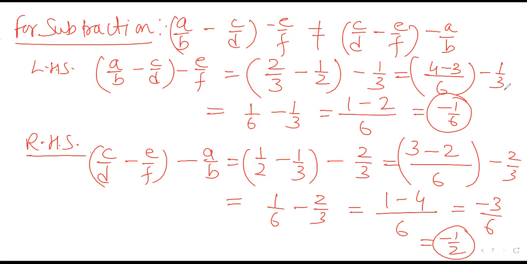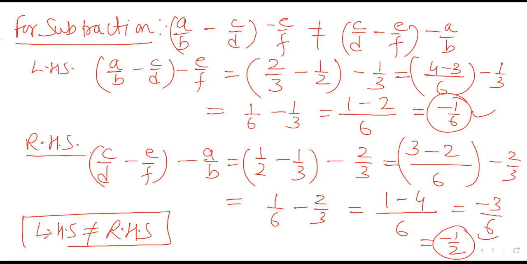Is it equal to this one? No, it is not. So left hand side is not equal to right hand side. This means for subtraction, the associativity of rational numbers will not hold. Similarly, you can prove it for division yourself.